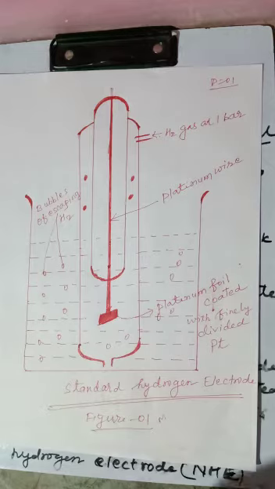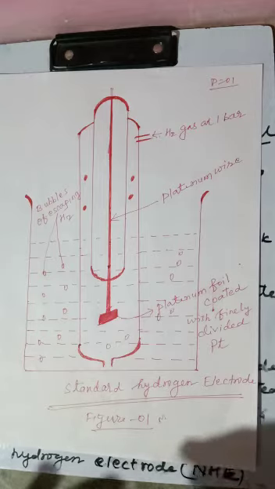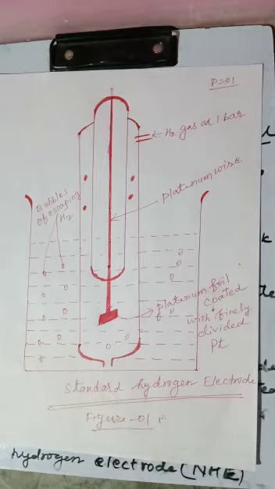Second, the hydrogen electrode gets poisoned even in the presence of traces of impurities. And third, it is difficult to maintain 1 atmospheric pressure of gas uniformly. So these are the reasons.